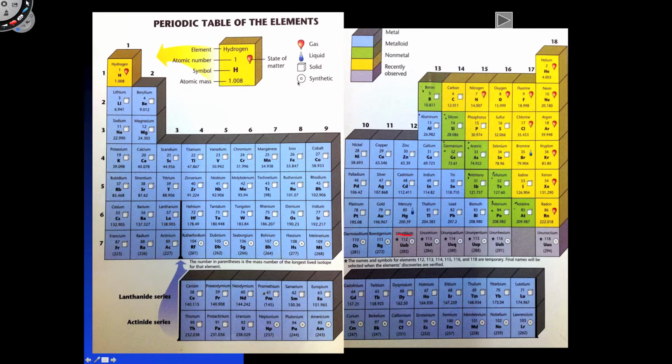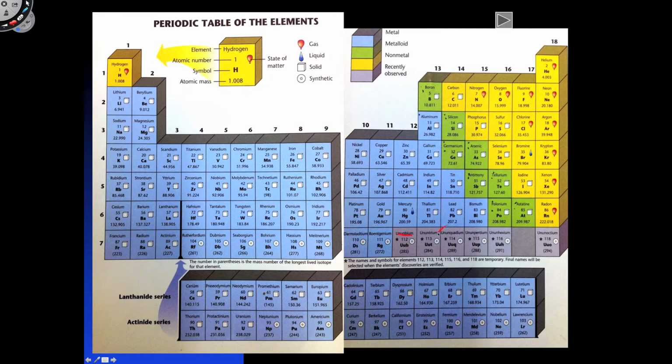You can see that there's a symbol for what elements are synthetic. And starting here with rutherfordium, you see all these are synthetic. So scientists from across the world would try and recreate this element, and if they do over a period of years and nothing weird happens, then it gets officially named.